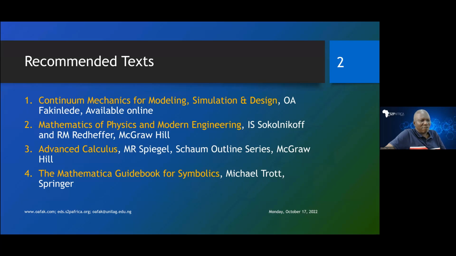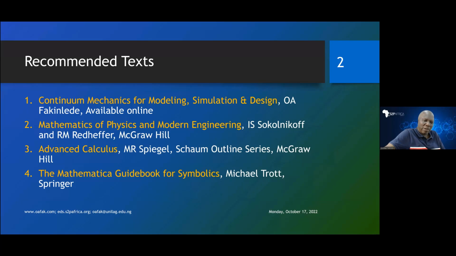Therefore, I have listed four books. There are many other books. You can take any book. Advanced calculus, especially for engineers, is a very well-researched subject. There are so many books out there. But the ones I am giving you are the ones that I actually used.